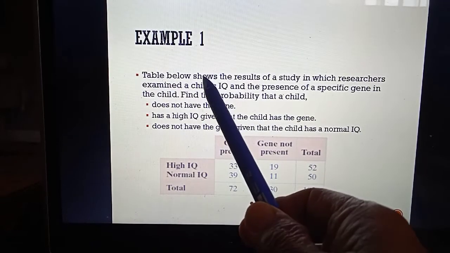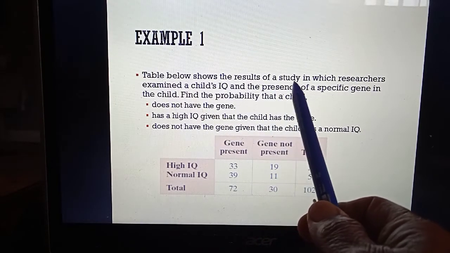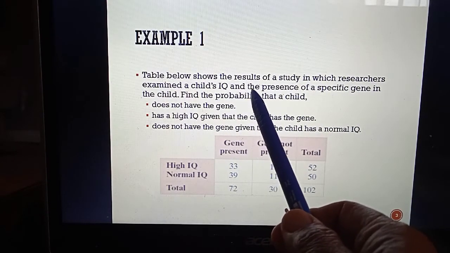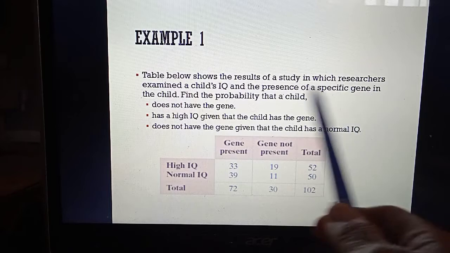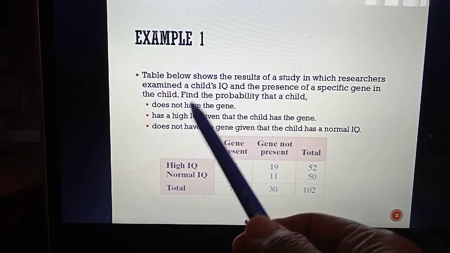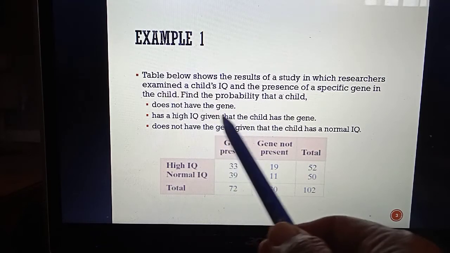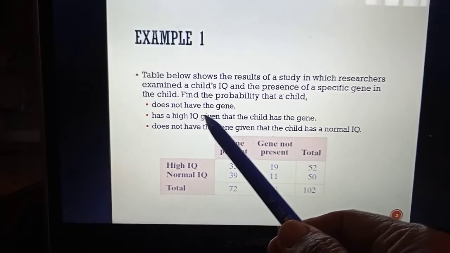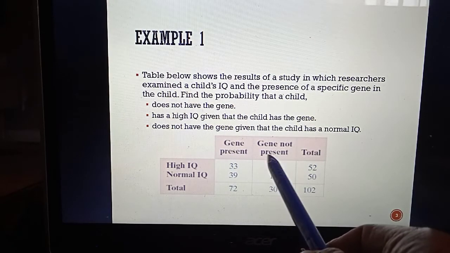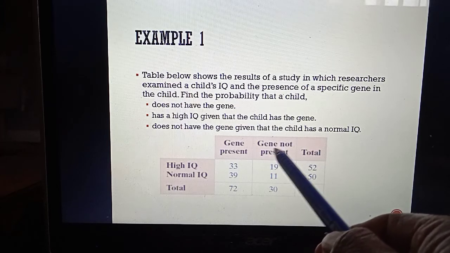Okay, example. The table shows the results of a study in which researchers examine a child's IQ and the presence of a specific gene in the child. Find the probability that a child does not have the gene. We look at the column of gene not present. The total for children who do not have the gene is 30. So it is 30 over the total, which is gene present and gene not present, 102.